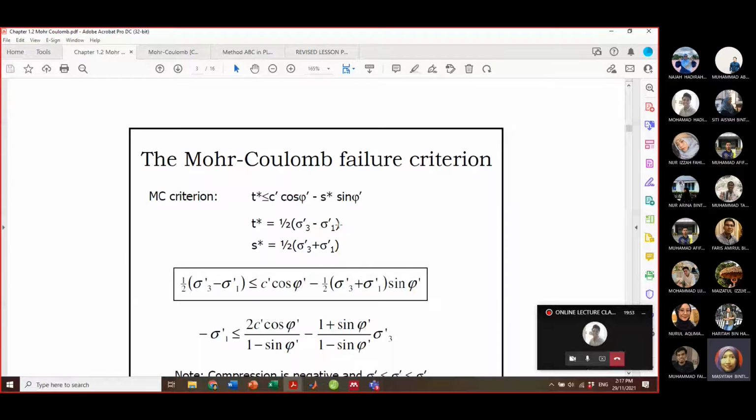So the T, C and S actually represent the path of the samples in the T and S. It is average and it is a mean stress path.